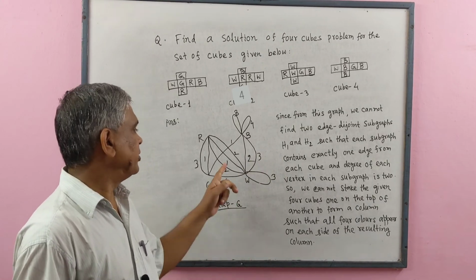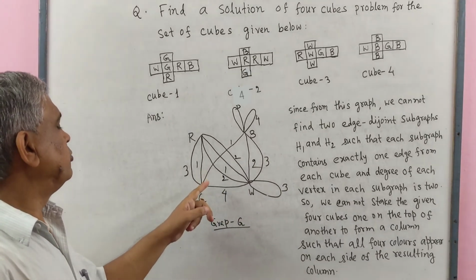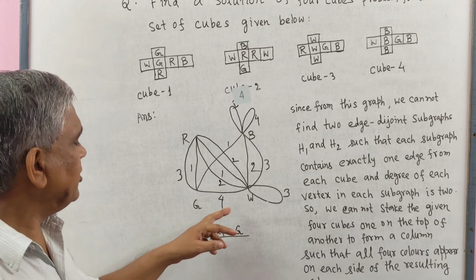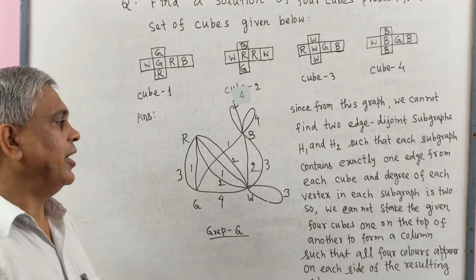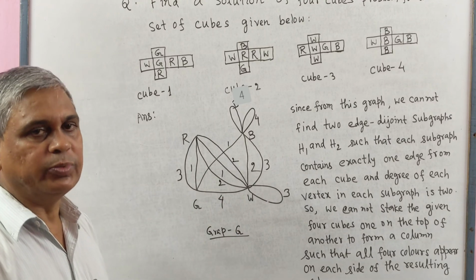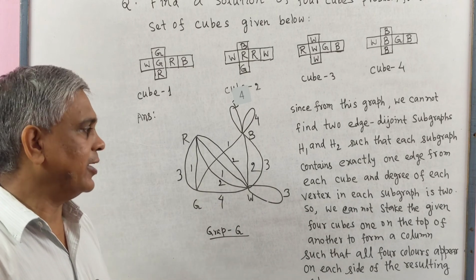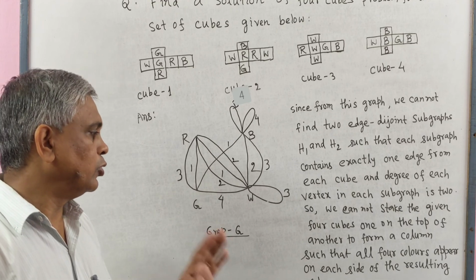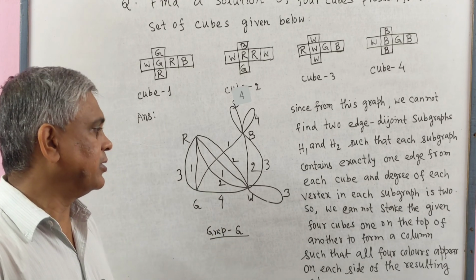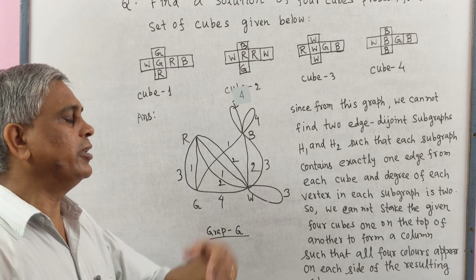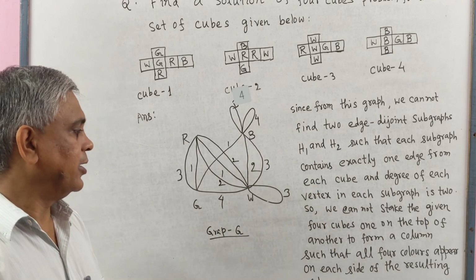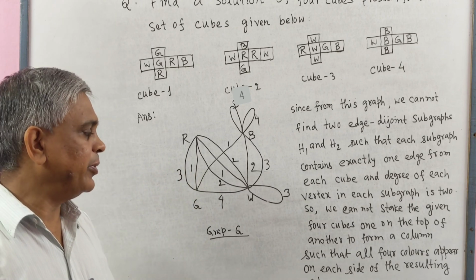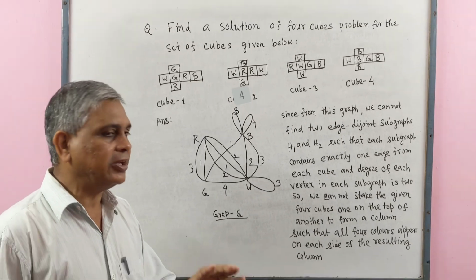Since from this graph we cannot find two edge-disjoint subgraphs H1 and H2 such that each subgraph contains exactly one edge from each cube and the degree of each vertex in each subgraph is 2, we cannot stack the given 4 cubes one on top of another to form a column such that all 4 colors appear on each side of the resulting column.